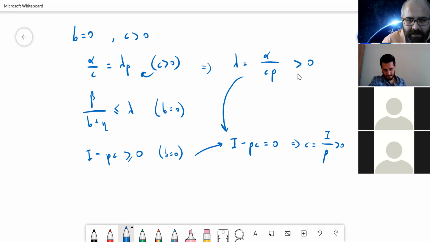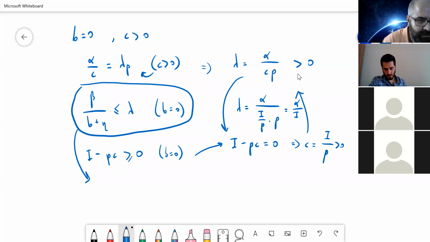Now if you put C back into the lambda, you have lambda equals alpha over P times P, so it is alpha divided by I, right? Now what happens here?